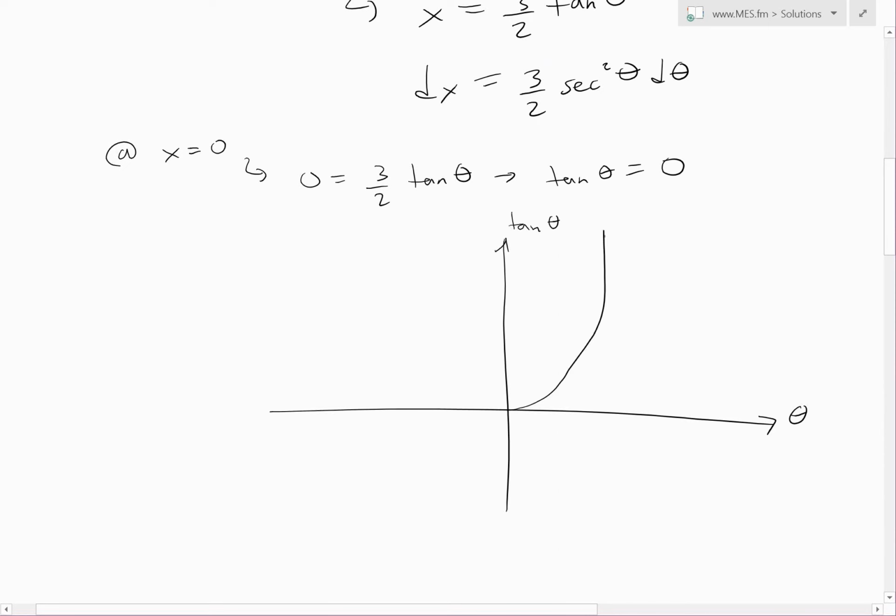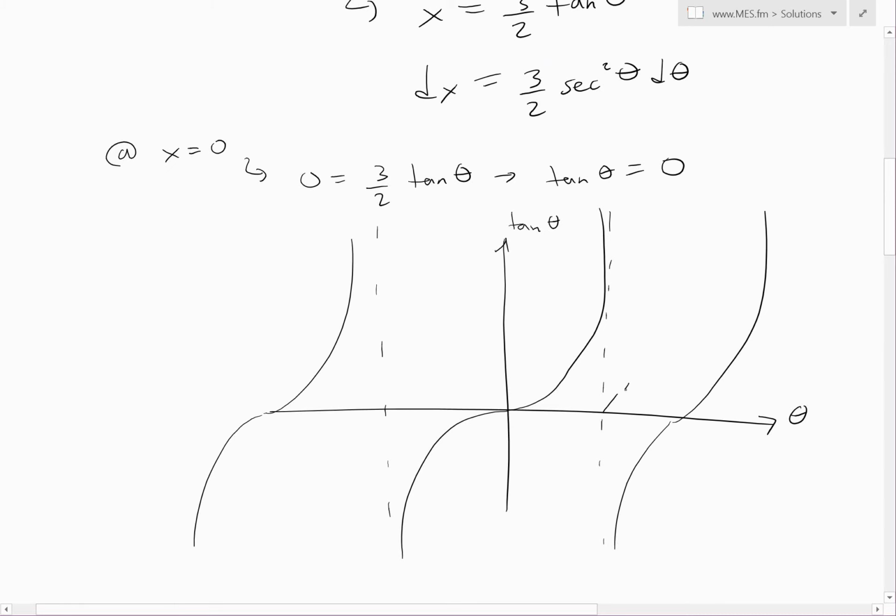It goes up, etc., like that, with asymptotes at pi over 2 and negative pi over 2. So at 0, tan theta is 0, theta is just 0. I'll write this down right here. So at x equals 0, theta is equal to 0.